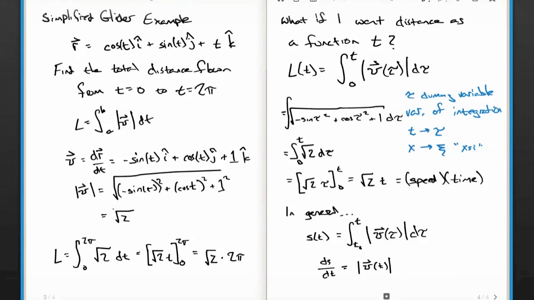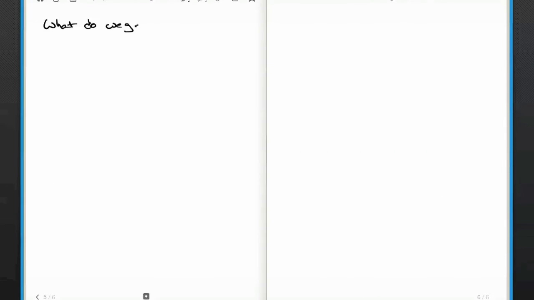All right. So as long as we're talking about velocity and speed, I'd like to address one more little issue here. What do we get if we divide velocity by speed? Well, first of all, what does that look like?